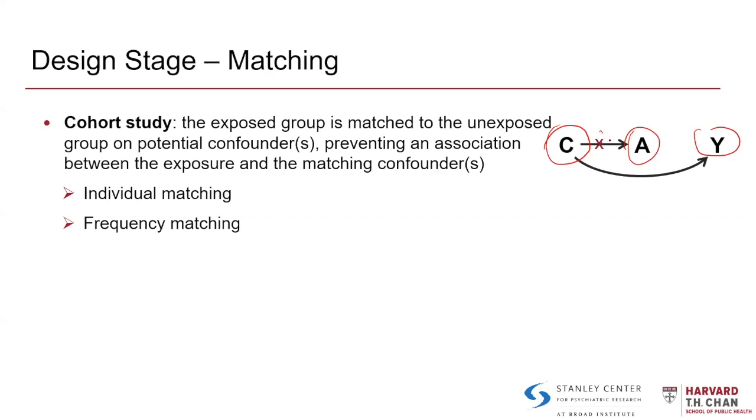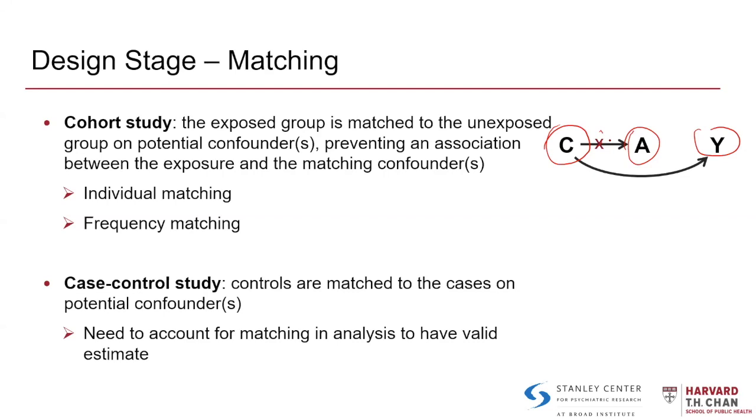Matching in case control studies is a little bit complicated, but we can do individual matching or frequency matching. In cohort studies, for example, matching could be done by date of birth, that would be individual matching. Or we could do frequency matching, where we try to get a similar distribution of key variables, for example, age groups within 5 years of difference.